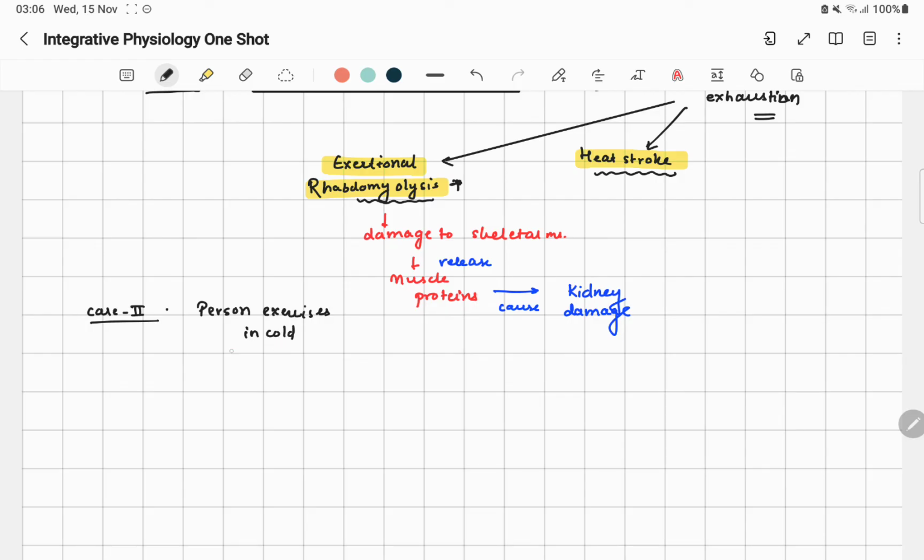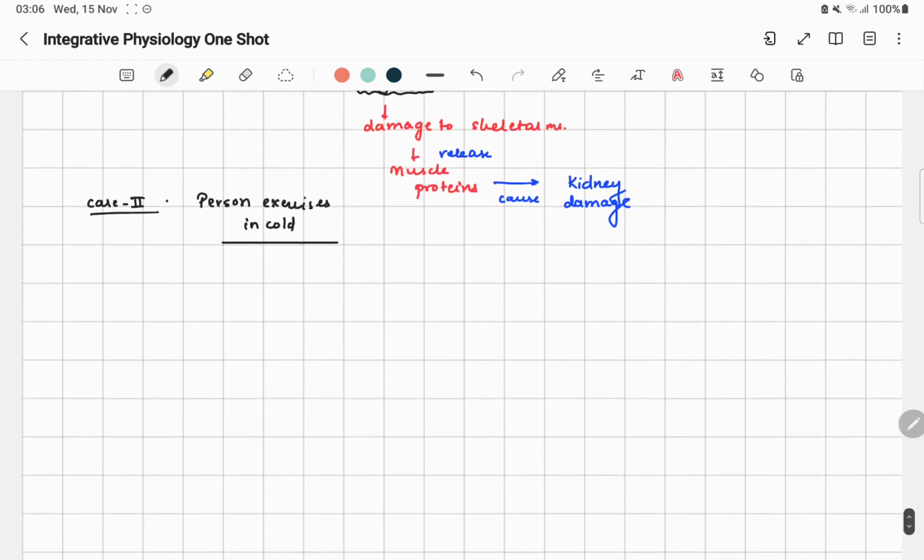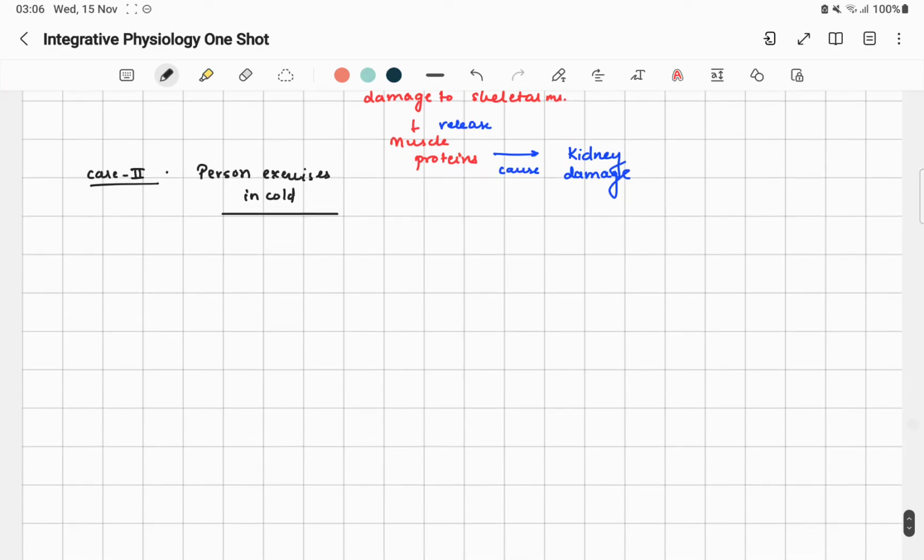When the person exercises in cold, a lot of heat is generated with exercise, and the body tries to maintain the normal body temperature, and evaporative heat loss will occur. The heat will be released in the form of sweat. So it might happen in the cold environment that there is no proper heat loss.